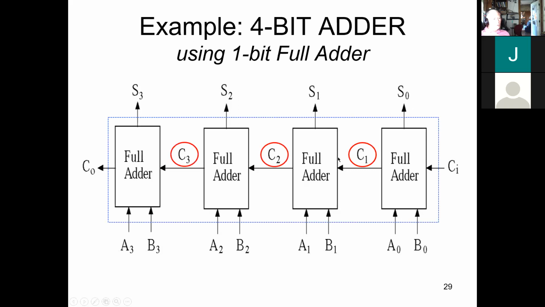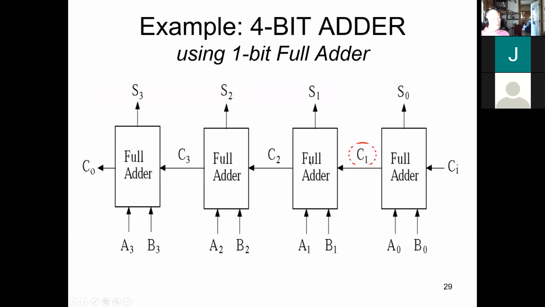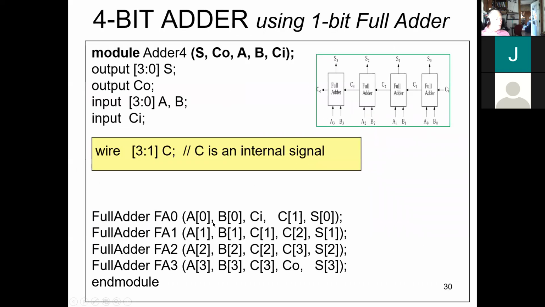Anyway, these are internal signals within this top level module that don't appear in its port list, but the stuff that is in its port list will be used for the signals in the 4 single bit adders that we're going to instantiate. So remember back here, our variables were named X, Y, carry in, carry out, or CN, Cout, and sum. But when we actually instantiate it, like we're going to do here, notice we have different signals. We create a 4-bit vector for A, B, and sum, and single bits for carry out and carry in.